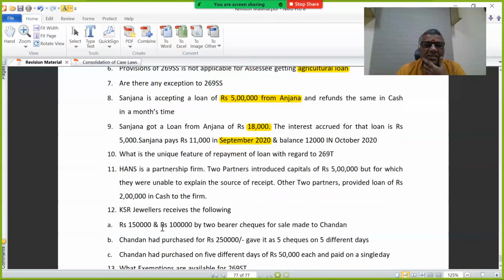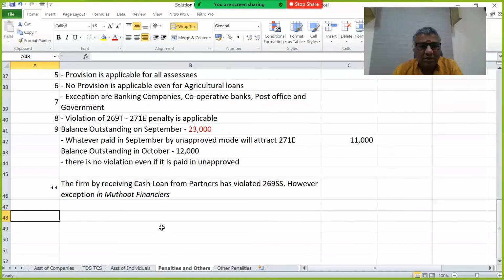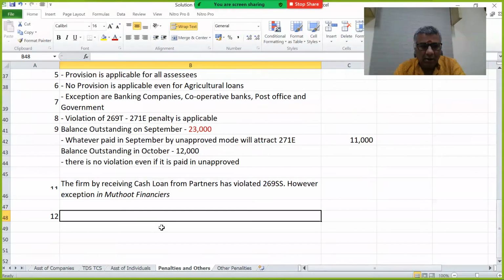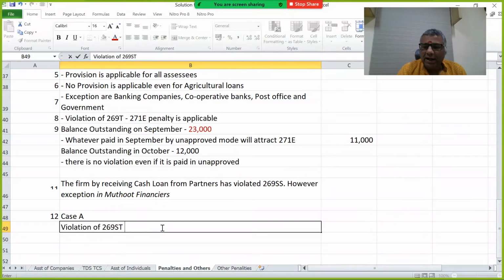12. KSR Jewellers receives the following: 1,50,000 and 1 lakh by 2 bearer cheques for a sale made to Chandan. Case A: violation of 269ST, 100% penalty.